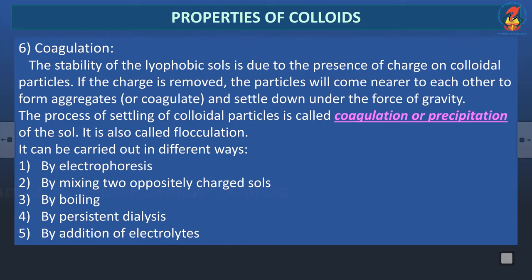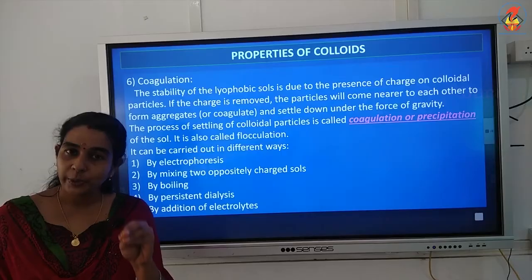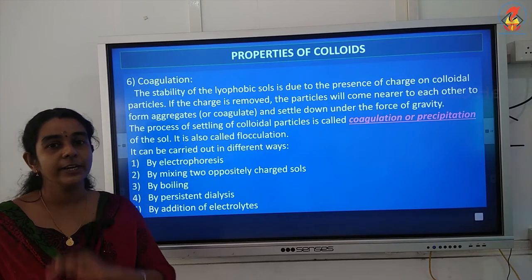And the next method for coagulation is by persistent dialysis. Usually dialysis is used to remove impurities, but traces of electrolyte are required for the charge of the colloidal particles.